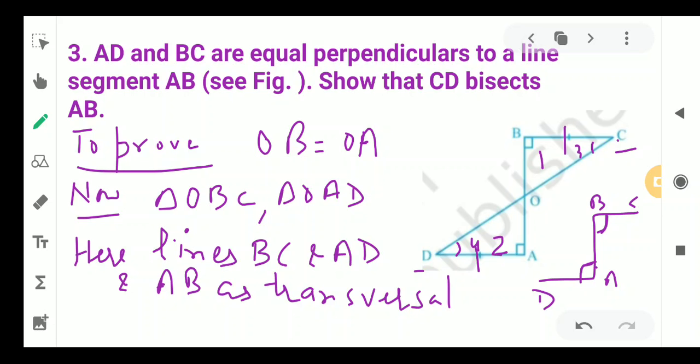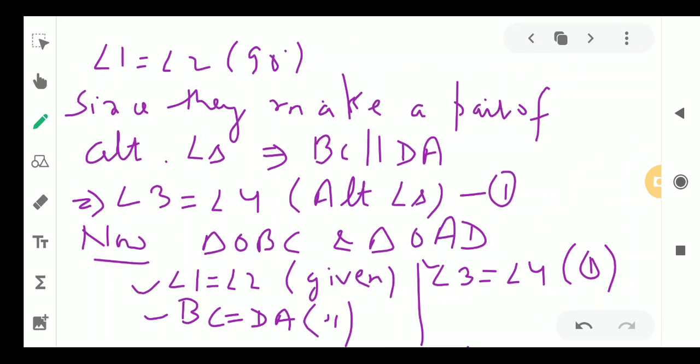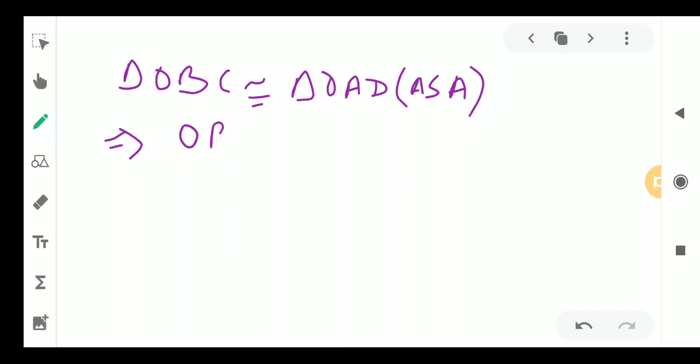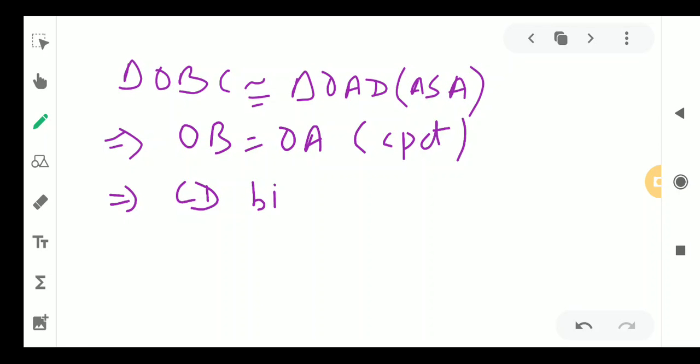So OB equals OA. So we can write this implies OB equals OA by CPCT. So this implies CD bisects AB, which we have to show in this question. So this way we can show this result.